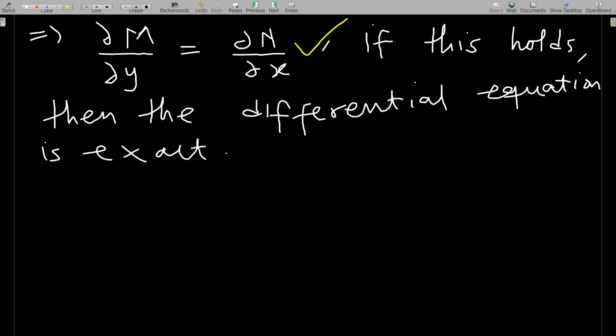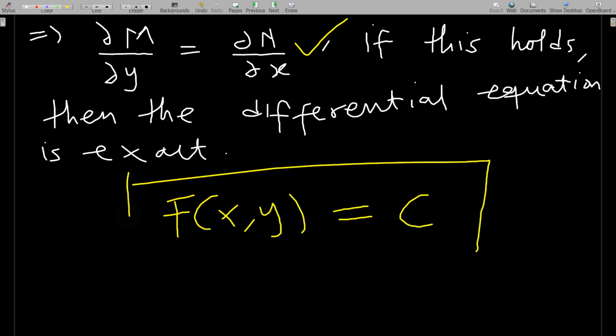If this is true, then the differential equation is what we call an exact differential equation, and it has a solution of the form f of x, y equals a constant c. So our task will be to look for f of x, y and equate it to a constant c, and that will be all. I hope you understood this.